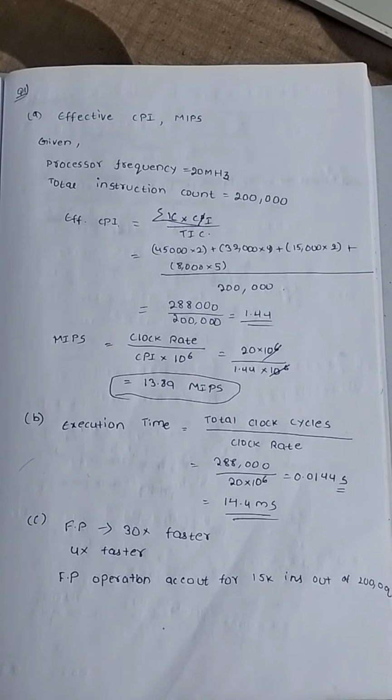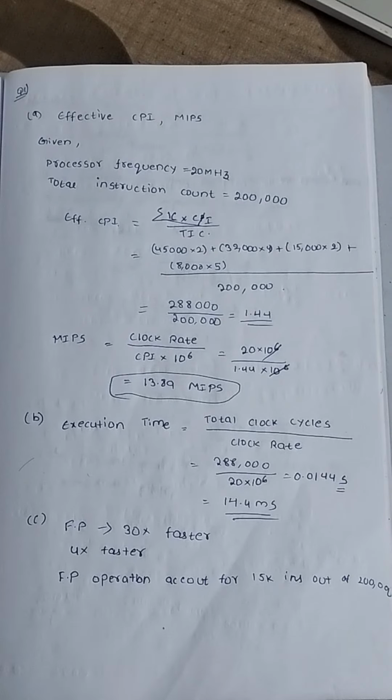There is a formula. Whenever you are getting a table, as we have 8 sessions, I have seen every PPT. In the first two PPTs, the concepts are to find CPI, MIPS, execution time, and Amdahl's law. These are the topics in the first two PPTs. Is the clock rate the same as the processor frequency?